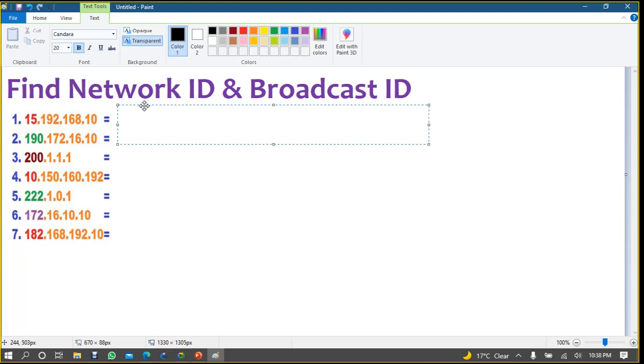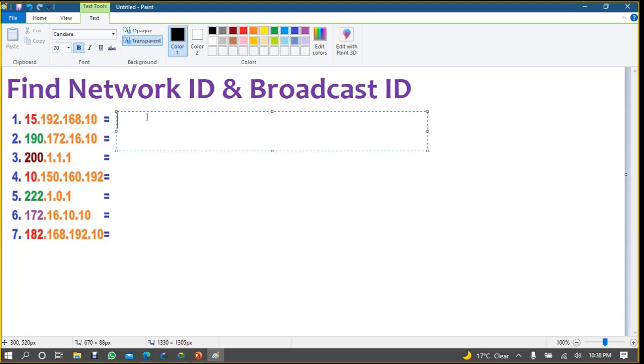This IP belongs to which class. No, no, no, not class. You have already identified. In this, what you have to find is the network ID and the broadcast ID. This is the number one.